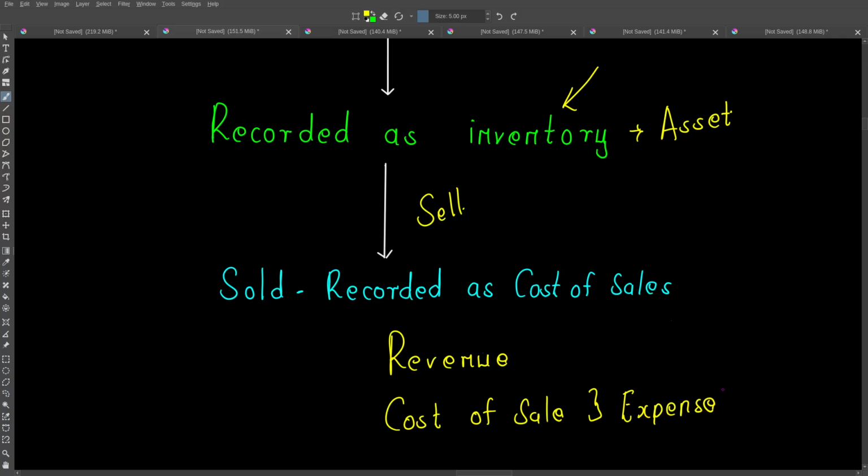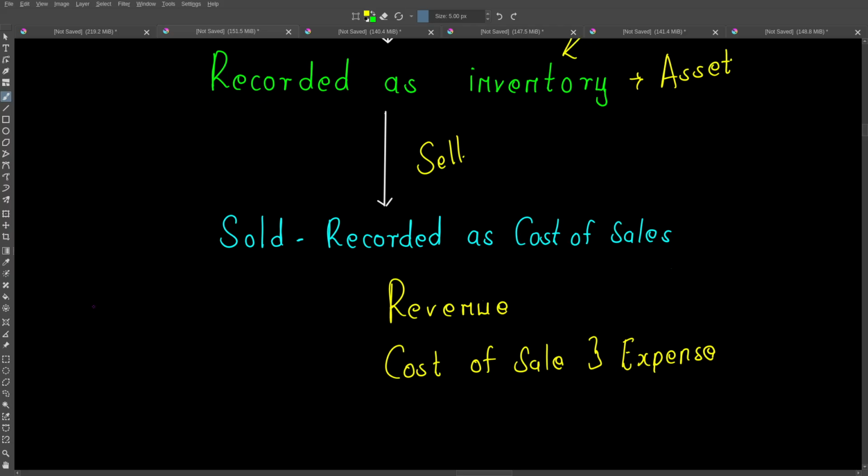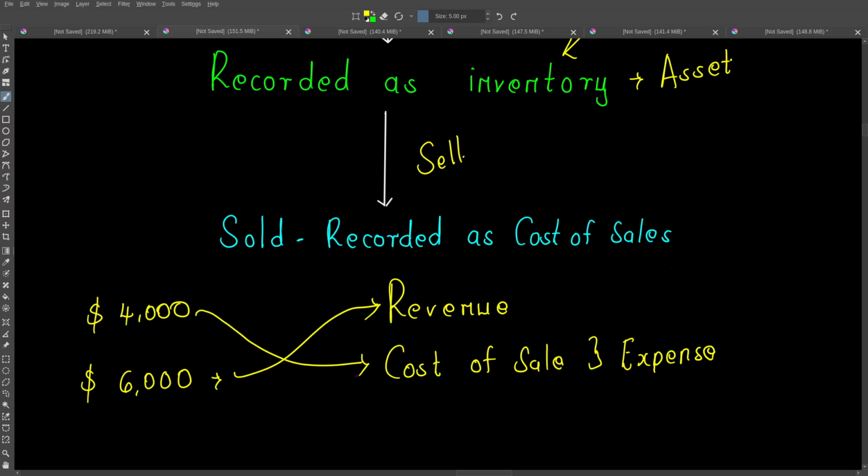For example, if you bought goods worth $4,000, and now you've sold these goods at $6,000, this is the revenue, that is what you earned from selling those goods. And $4,000, which is the amount you bought, this is the buying price. This is going to be the cost of sale. That is the cost of buying those goods that you have sold.